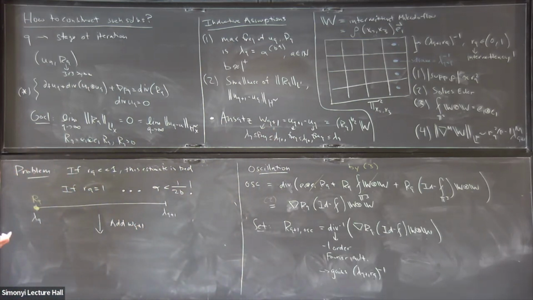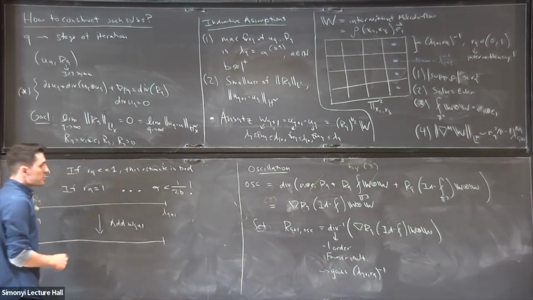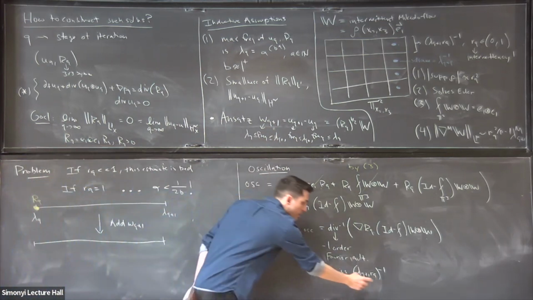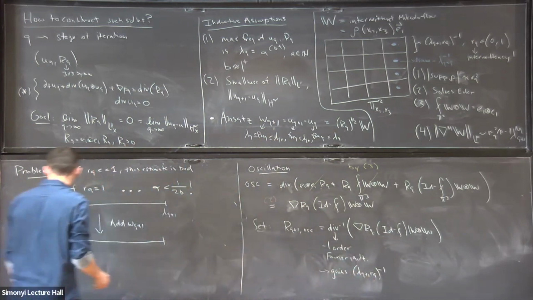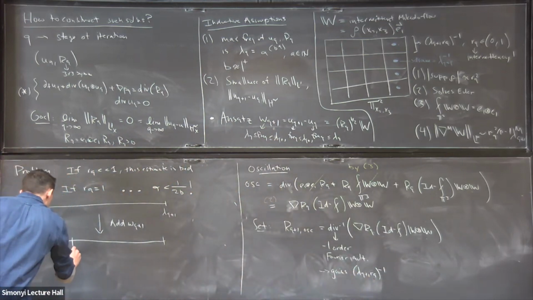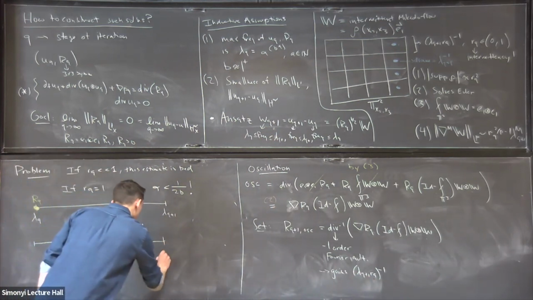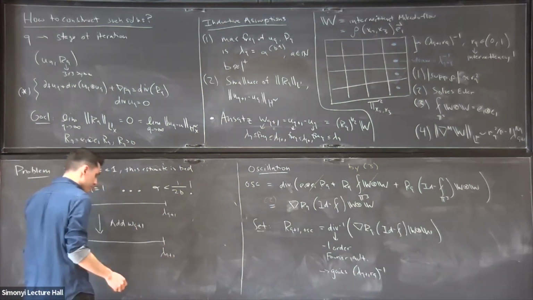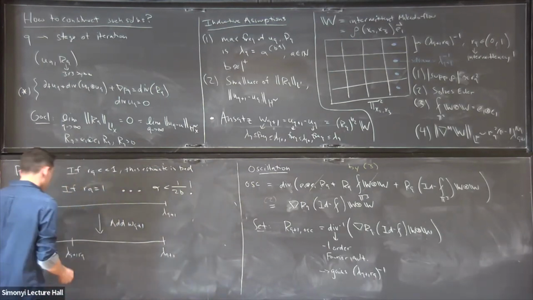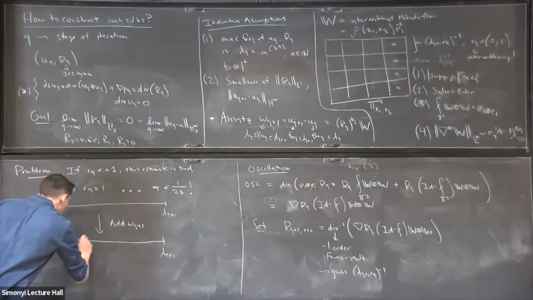And I get new error terms whose minimum frequency comes from this thing. So let's say here's lambda_{q+1} R_q. And here's lambda_{q+1}. And here's all my new error terms.